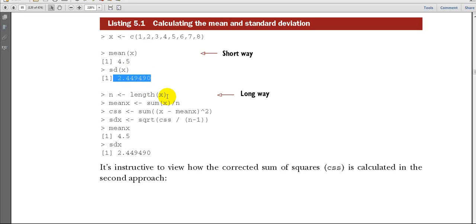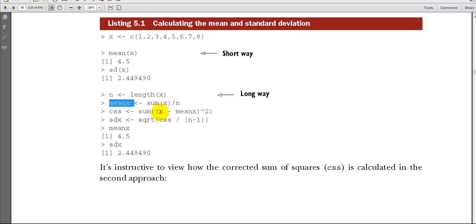Then an alternative way to do it, the kind of long way, he says, is first you calculate the length of x and call it n. So that's in this case going to be 8. Then you take the sum of x and divide it by n. That's going to give you the mean. And then he does some other calculations here.